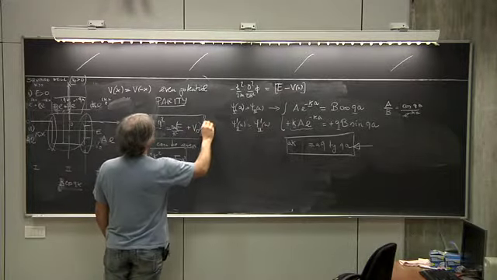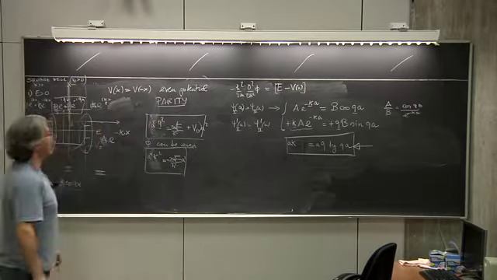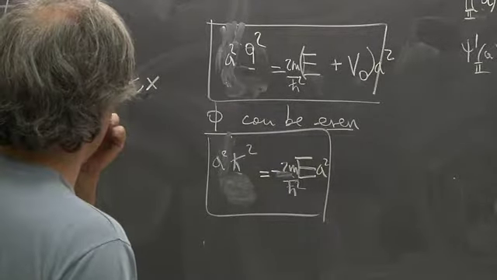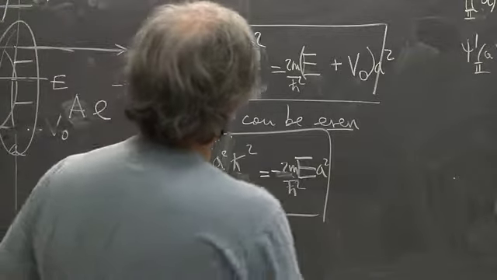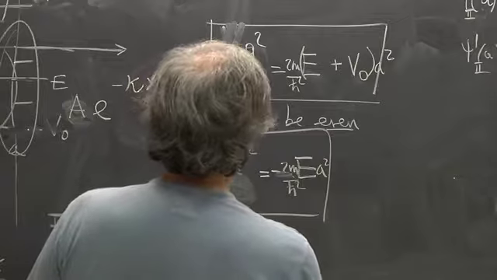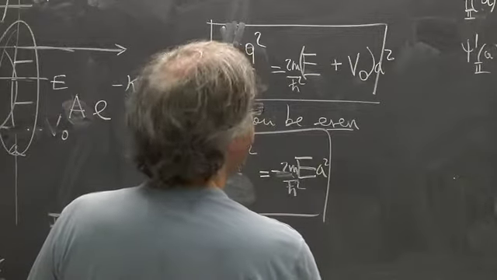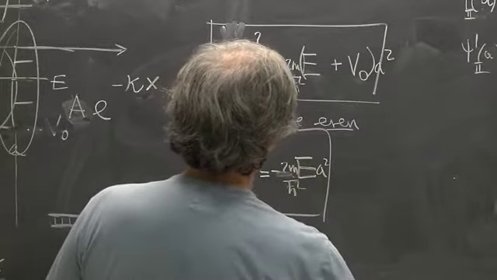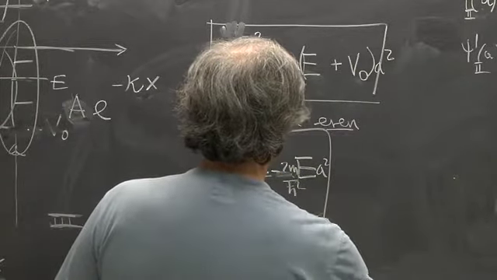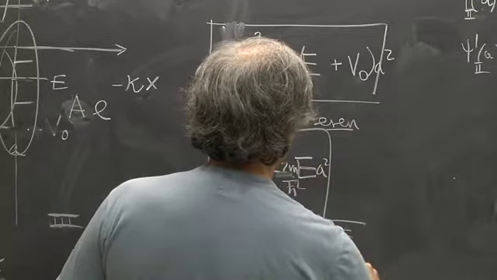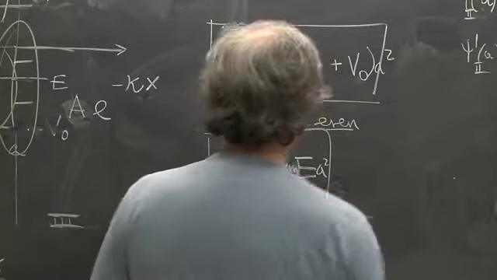So you see that I have here a quantity, for instance a k, which is the square root of minus 2me over h bar square a square.